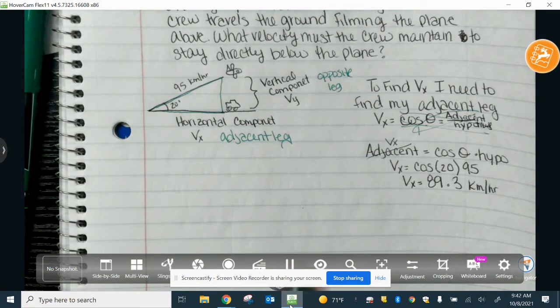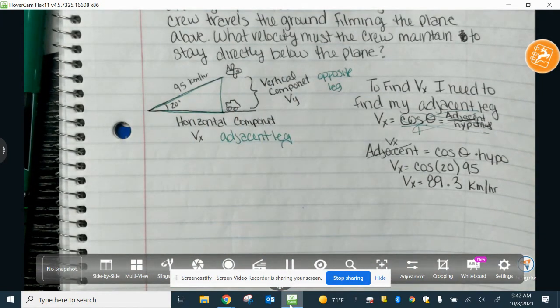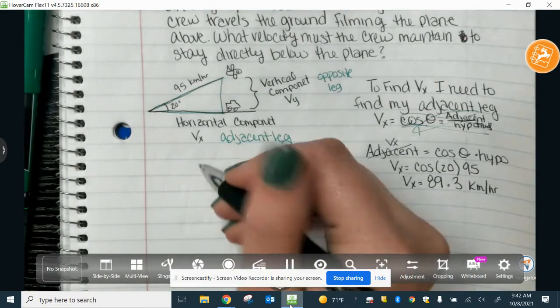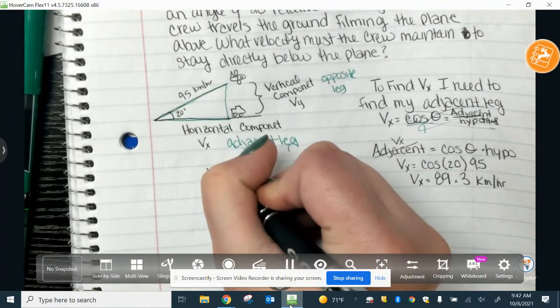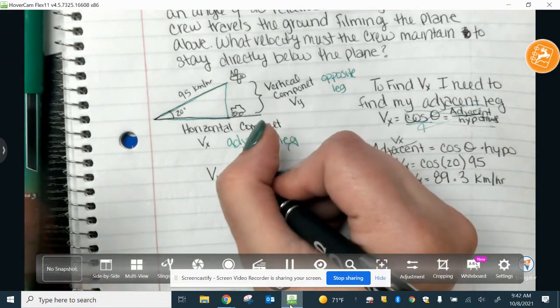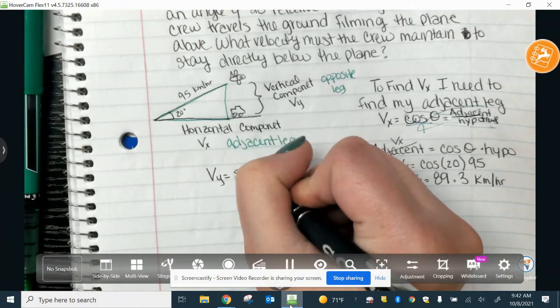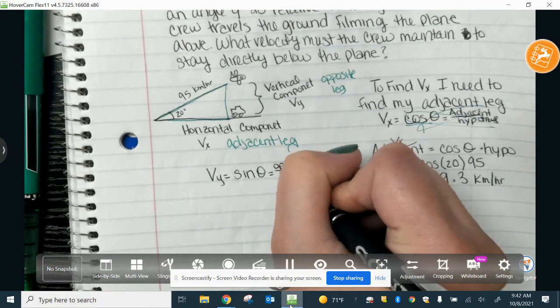For this particular problem, I don't need to find my vertical component, my velocity in the y direction. But if I needed to, you would use the sine of theta is equal to the opposite over the hypotenuse.